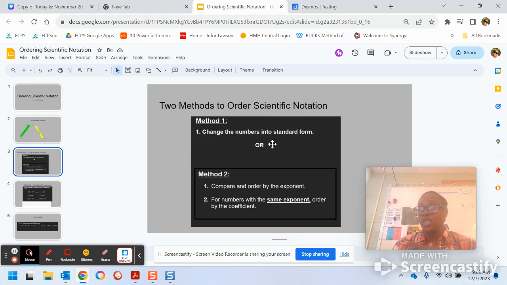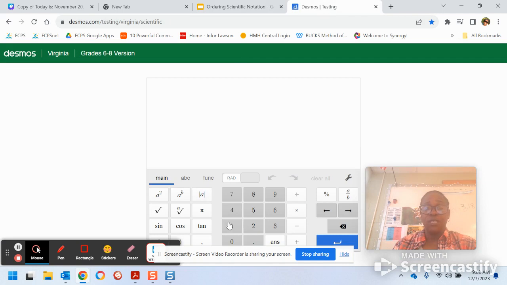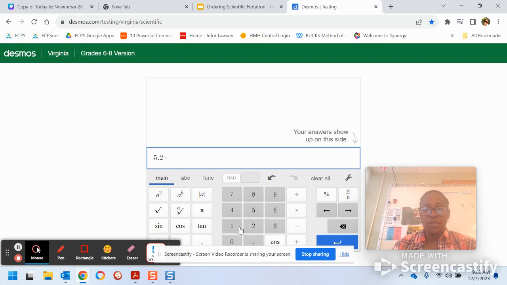Method 1 is to change the numbers into standard form. For example, if we have 5.2 times 10 to the second power, we can change it into standard form and it turns into 520.